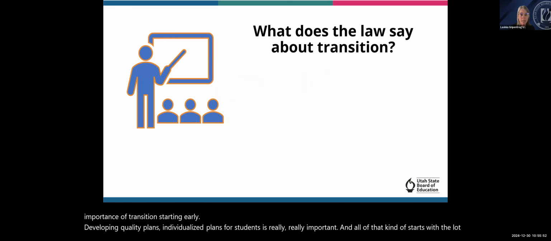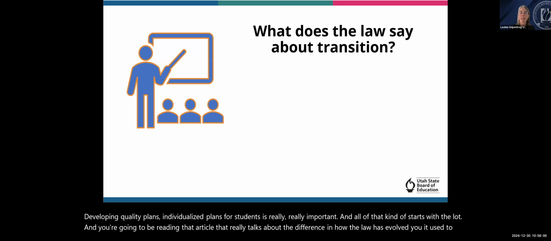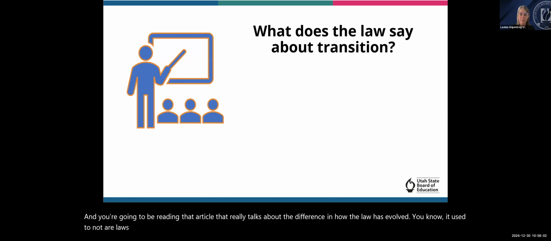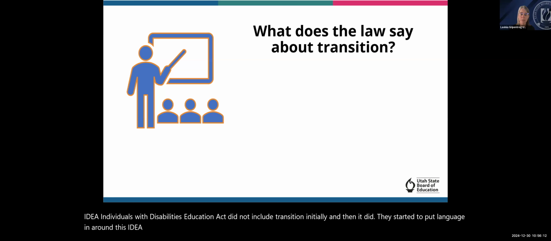And you're going to be reading that article that really talks about the difference in how the law has evolved. Our laws around IDEA, Individuals with Disabilities Education Act, did not include transition initially. And then it did. They started to put language in around this idea of making sure that there was a transition plan.